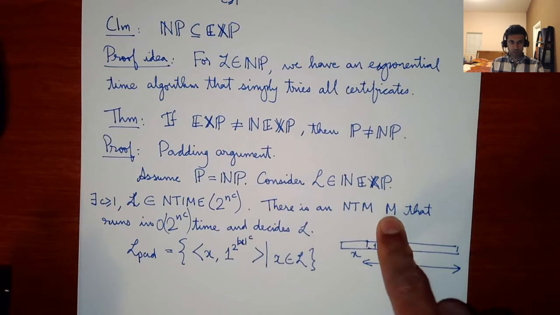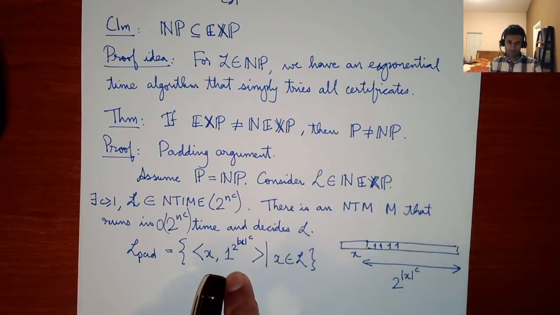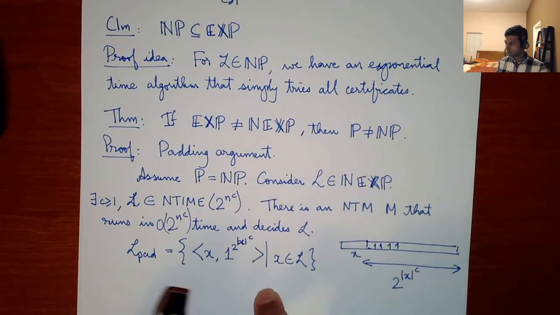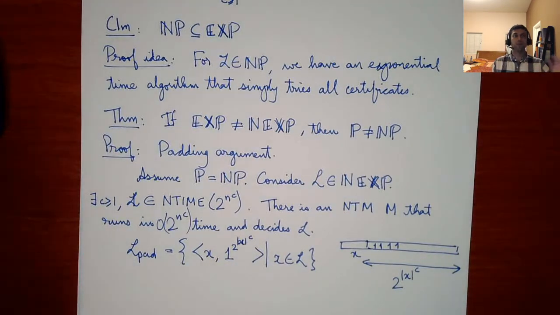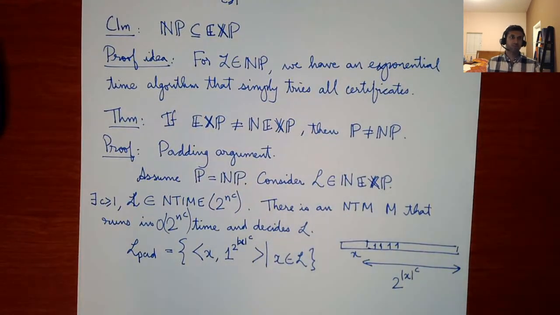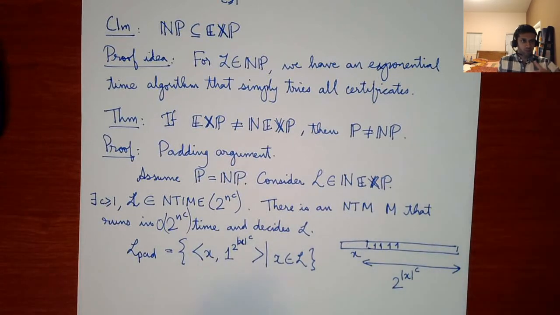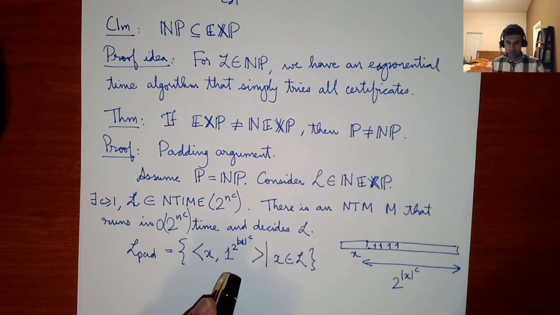Imagine the non-deterministic Turing machine M that on some input first checks if it's of this form: some string and then a bunch of ones of that size. It can do this check in time linear in the input. And if it is, then it removes all the ones and just runs on X as before.